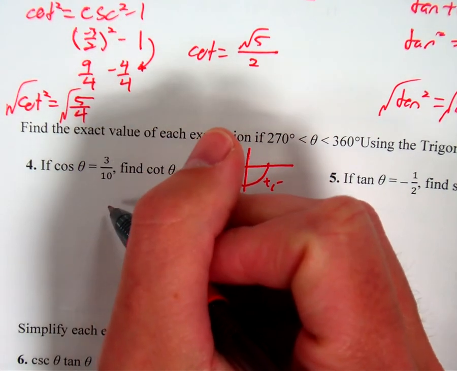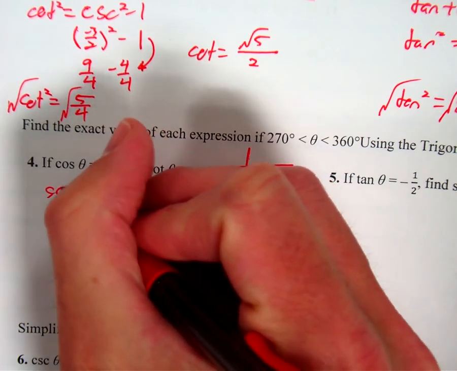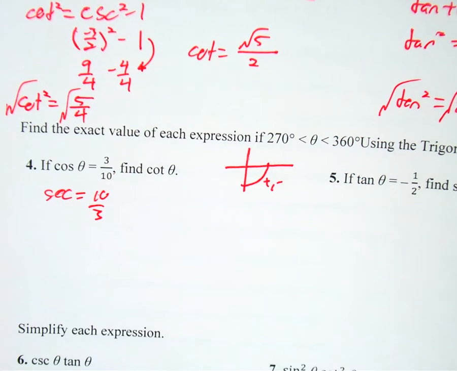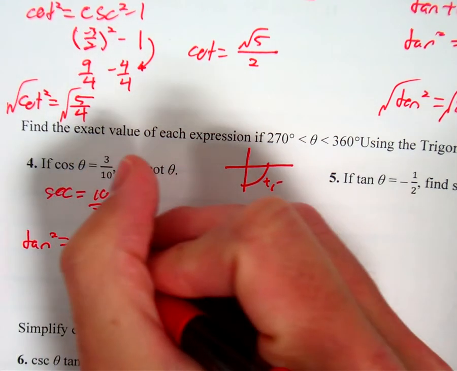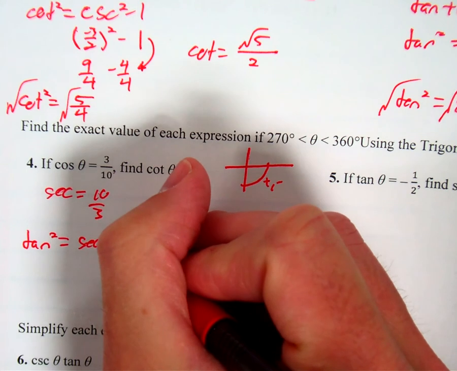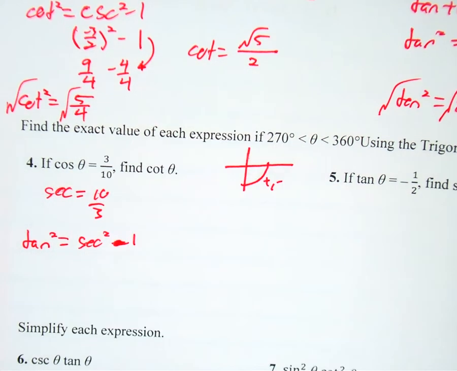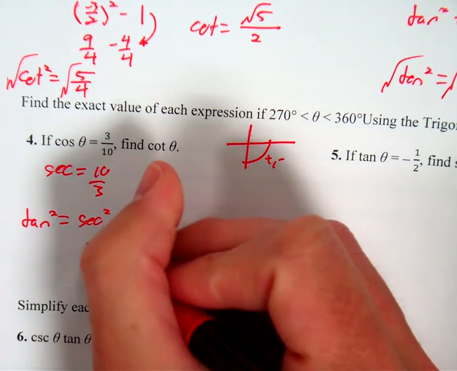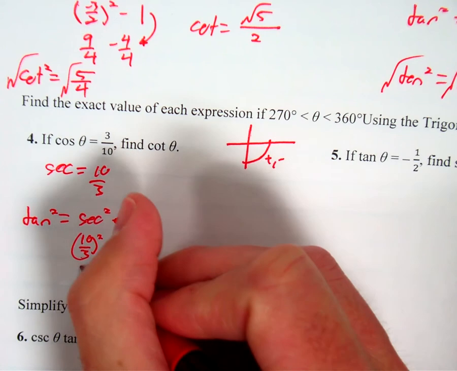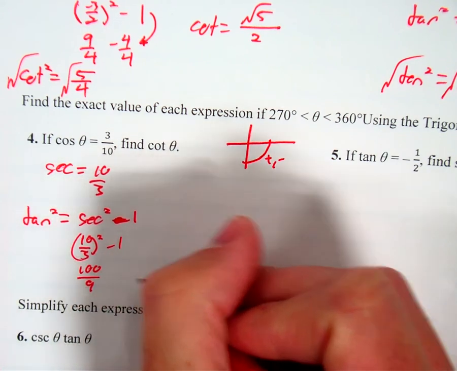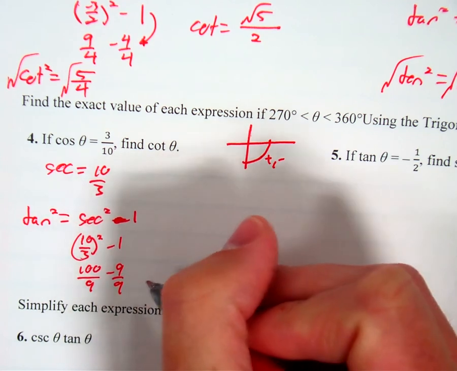If cosine is 3/10, then secant equals 10/3. Tangent squared equals secant squared minus 1. So we've got 10/3 squared minus 1. 100/9 minus 9/9.